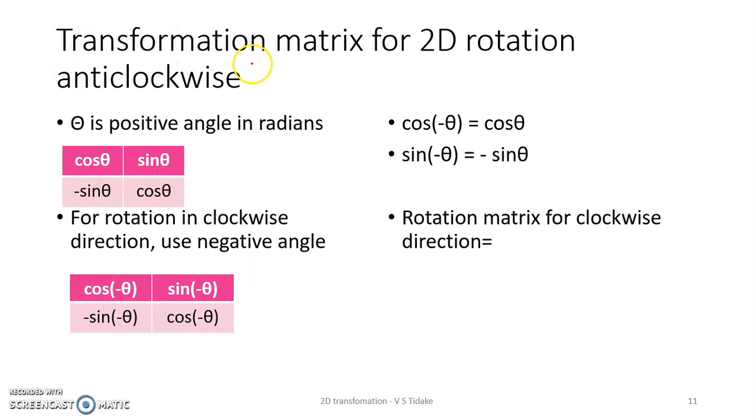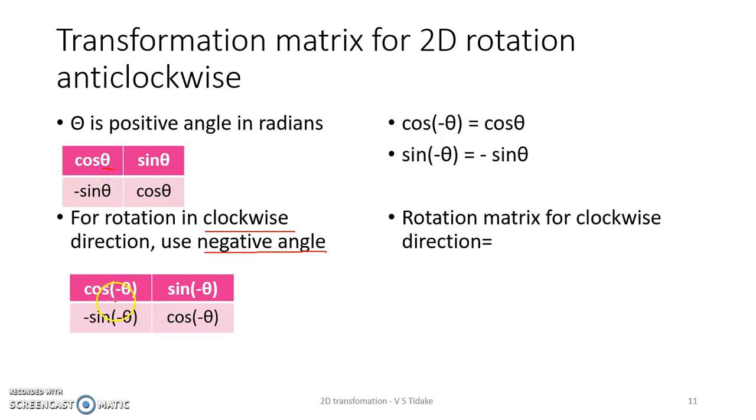Now, the transformation matrix for 2D rotation in anticlockwise we have already calculated as cos theta sin theta minus sin theta cos theta, where theta is a positive angle. Now, when we want to rotate in clockwise direction, then we use negative angle. That is, replace theta here by minus theta.